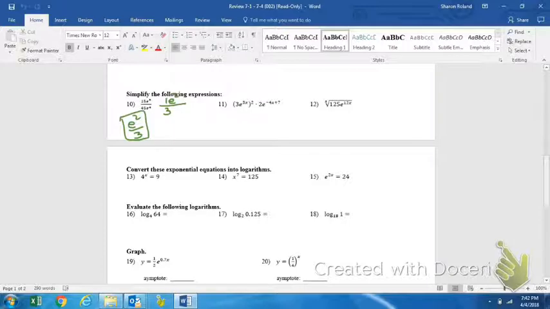The next one. The first one is squared. So you're going to do 3 squared is 9. And then e to the 3x to the power of 2 is e to the 6x. And you're multiplying that by 2e to the negative 4x plus 7.